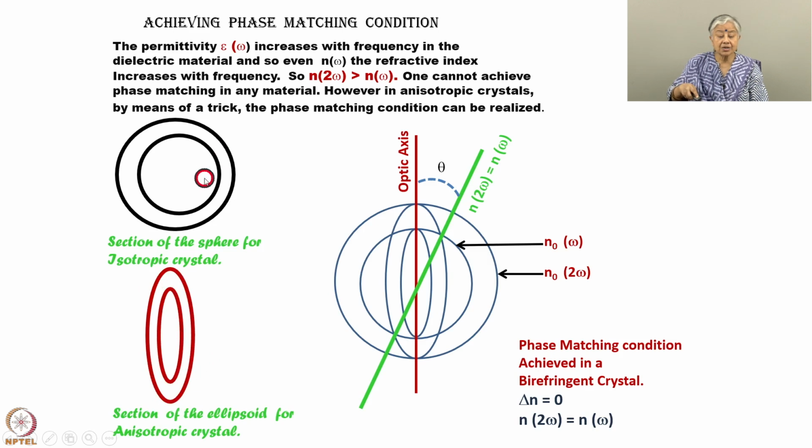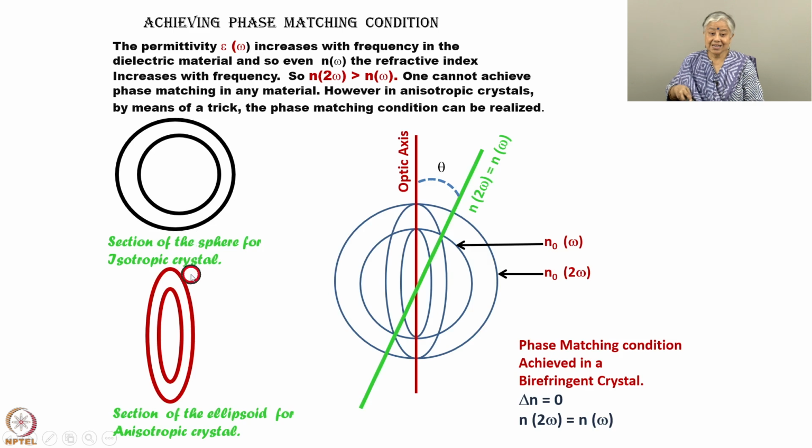So, whether for the ordinary ray or the extraordinary ray, I am not getting n 2 omega equal to n omega. In an anisotropic crystal, this is what is happening. In an isotropic crystal, this is what is happening. Now, what should I do?